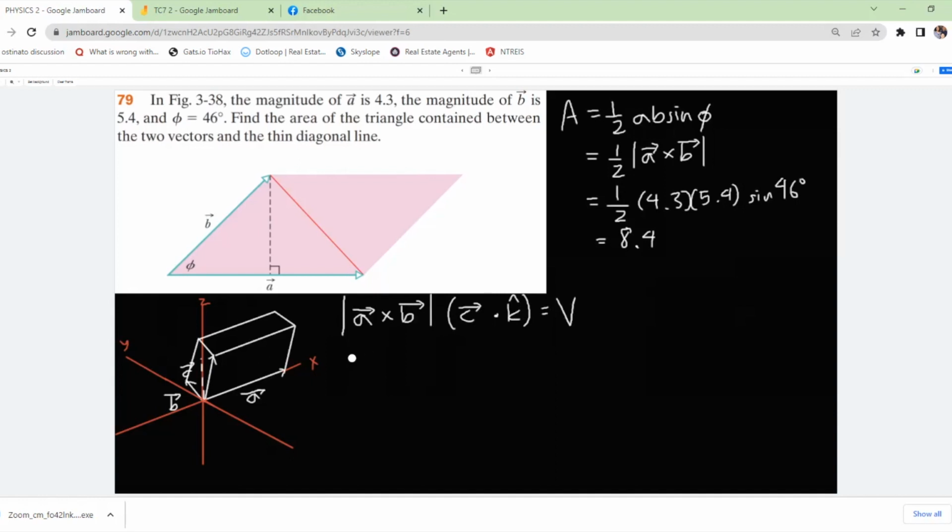Tapos yung C dot K, yung angle between the plane and vector C is going to be phi na lang. Yung angle, gusto kasi namin yung angle, di ba may nagde-define ng plane yung A at saka B.